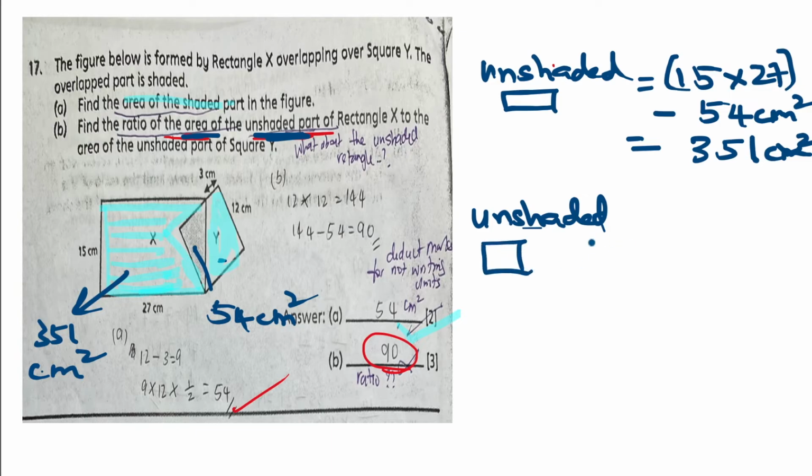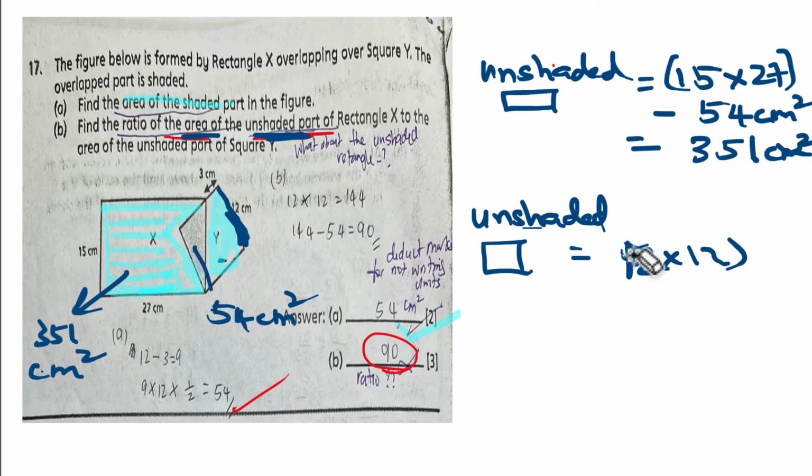And then this portion, the unshaded square, you can actually just, because you know that it's a square, right? Here is 12, that means all sides are 12. So the final area is 12 times 12.